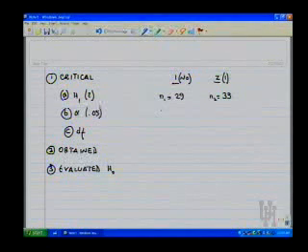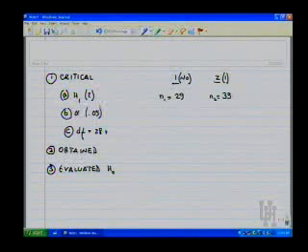N1 minus 1 then, so the degrees of freedom in this, N1 minus 1 is 28, plus N2 minus 1, which is 32, so that the total degrees of freedom are 60.